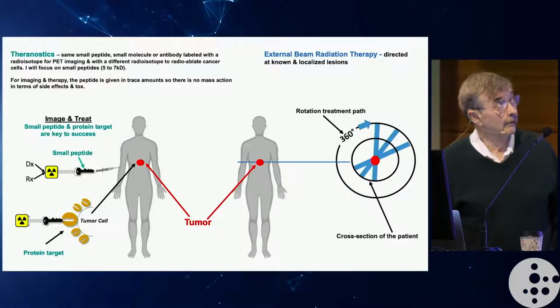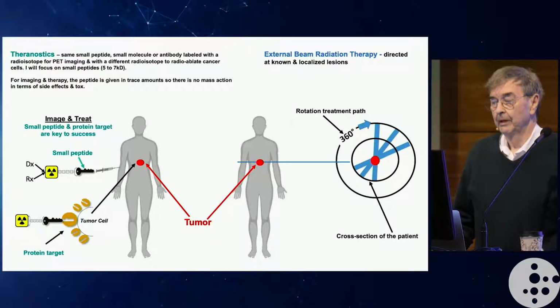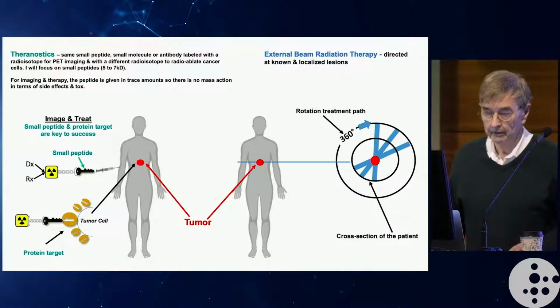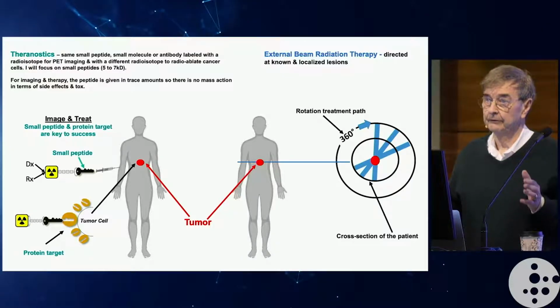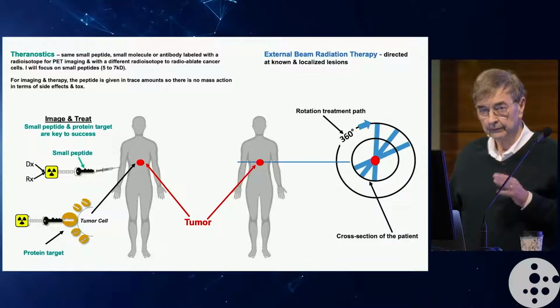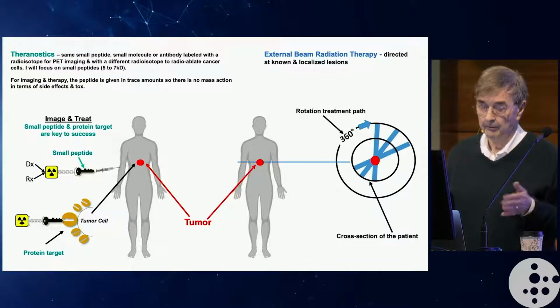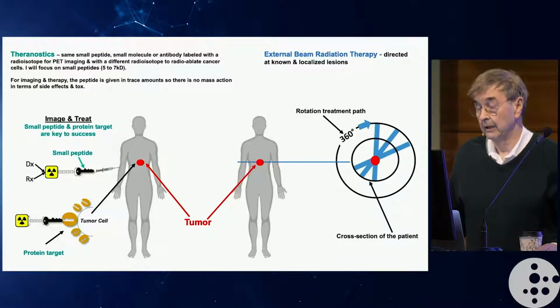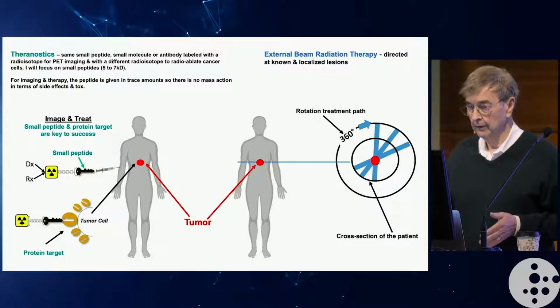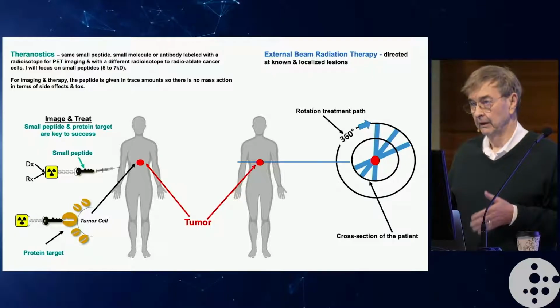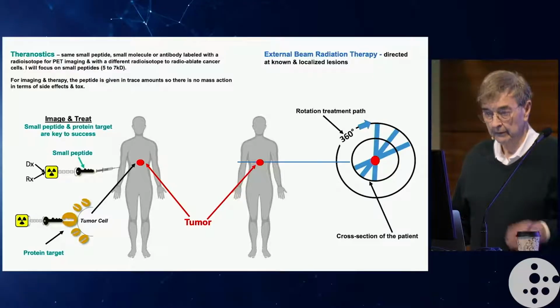So I'm going to talk about Theranostics. Probably most of you are not familiar with this, relatively new. It combines diagnostics and therapeutics. It uses the same molecule, a small peptide or a small molecule or an antibody, to either image and phenotype in patients, and then with a different isotope to radioablate cells.